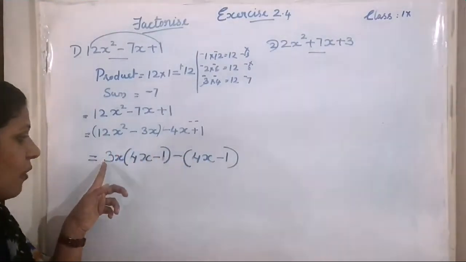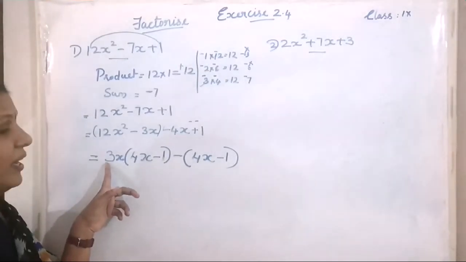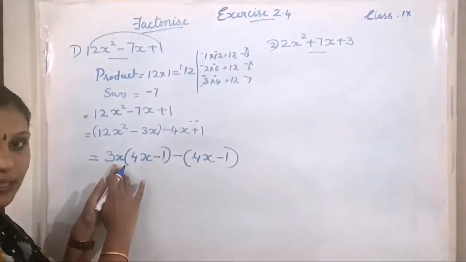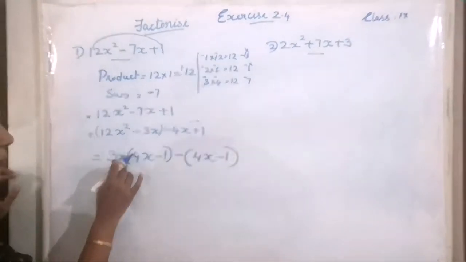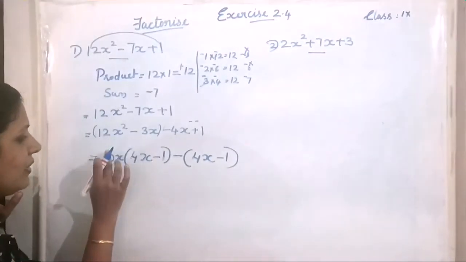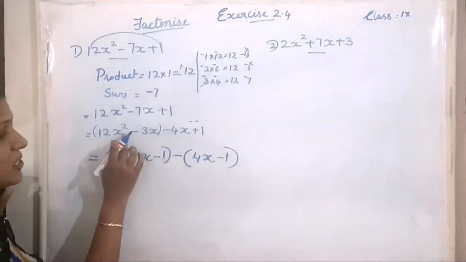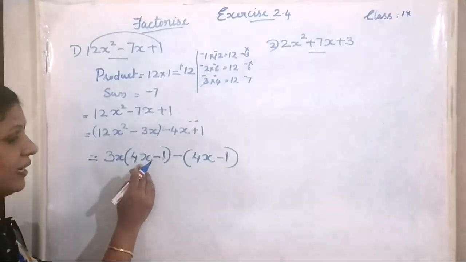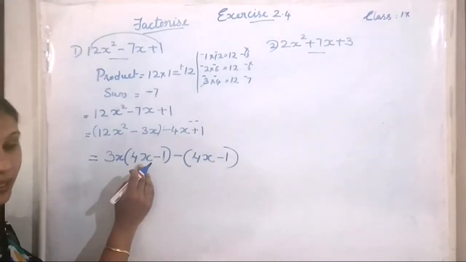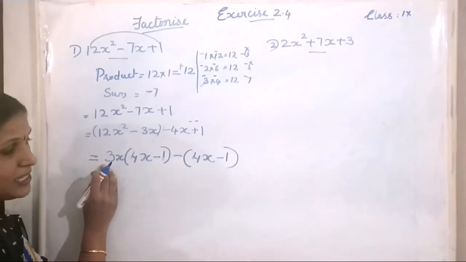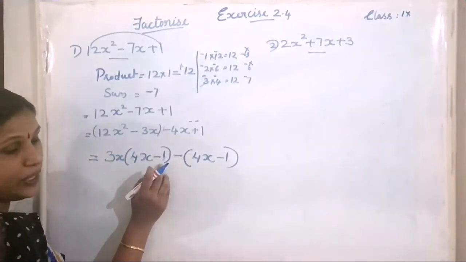So, we take out 3 outside. Okay. Then x square and x, x is common, so we put x outside. So, the remaining is 3 into 4 is 12, so the remaining is 4, and from x square, here it is x. Then here 3x, we take 3x outside. The remaining is 1.